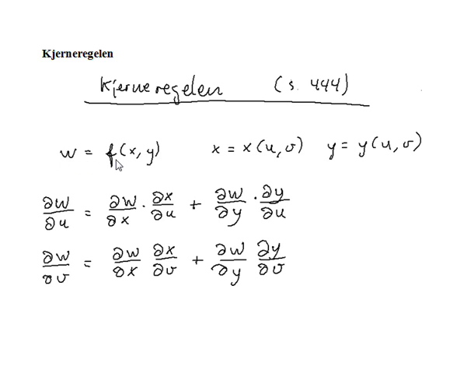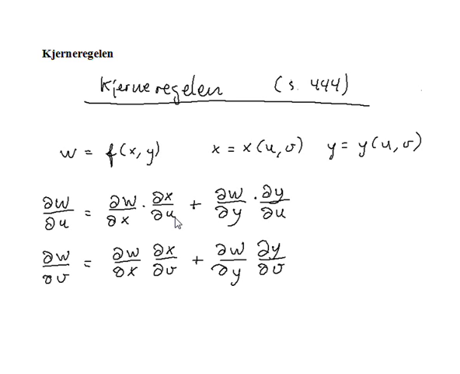If w is a function of x and y, which we call f, and x is also a function of two new variables u and v, and y is a function of u and v, then the partial derivative of w with respect to one of these new variables, namely u, is equal to the partial derivative of w with respect to x multiplied with the partial derivative of x with respect to u.